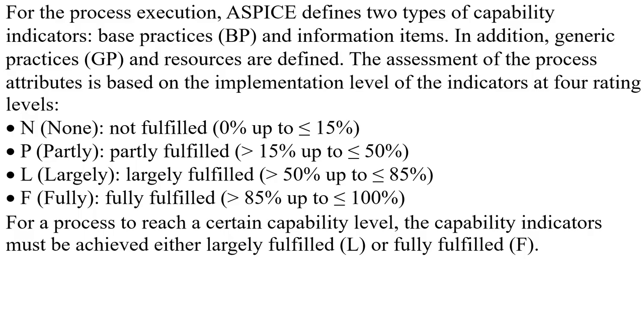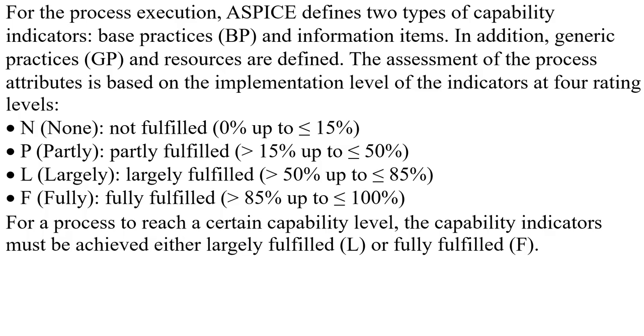For the process execution, ASPICE defines 2 types of capability indicators: base practice and information item. In addition, generic practice and resource are defined.